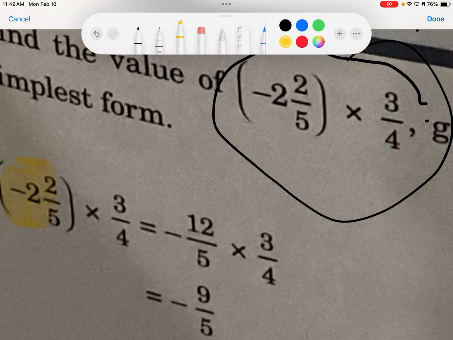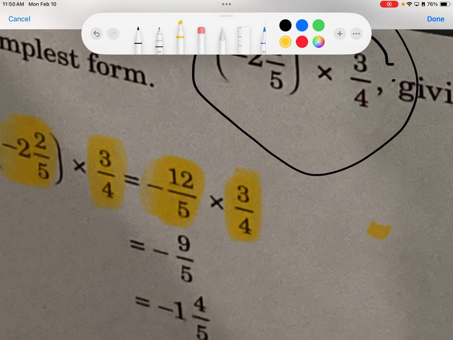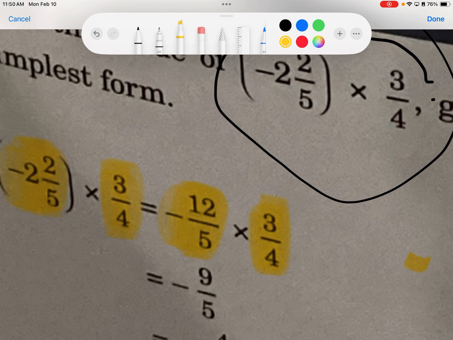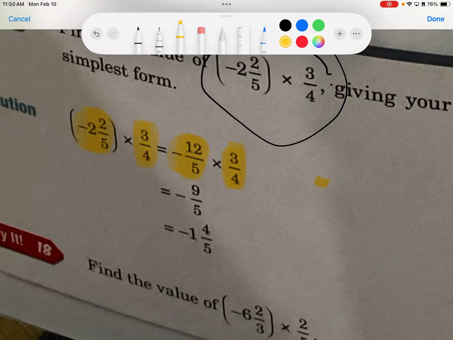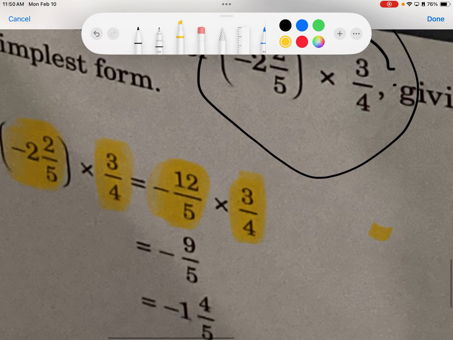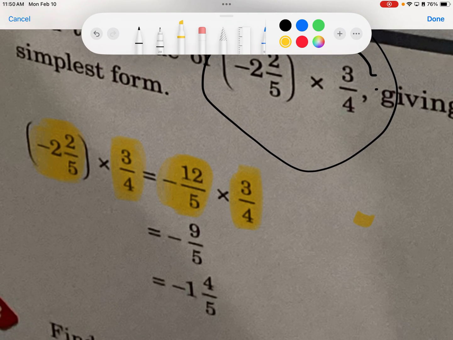Okay? We have -2 and 2/5, and that turns into -12/5. And then we have 3/4. So then our dilemma, what are we doing? Then we're multiplying straight across. But look at this guy.